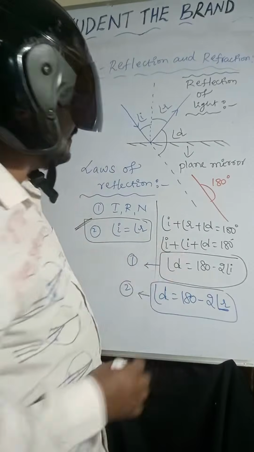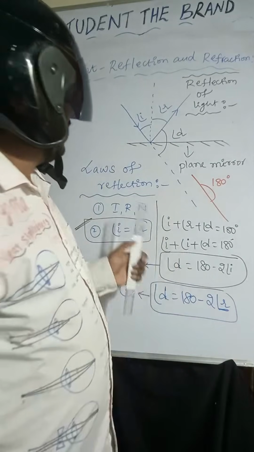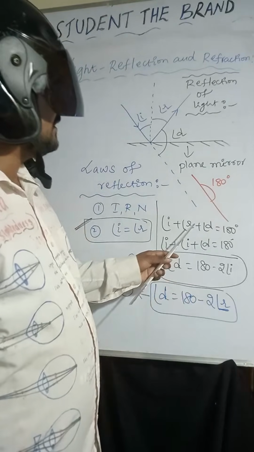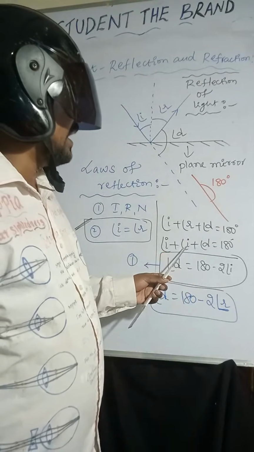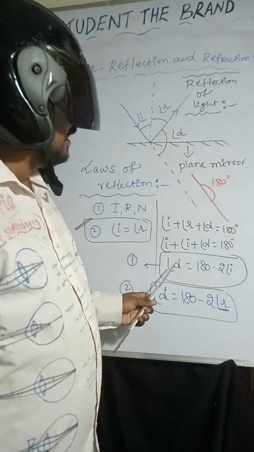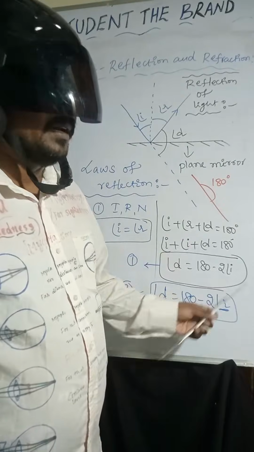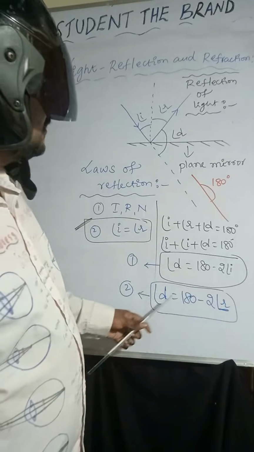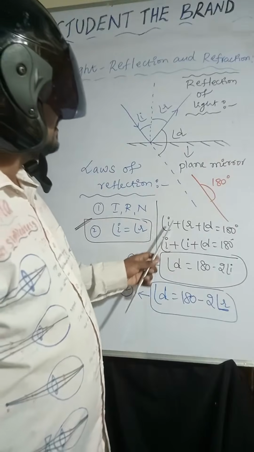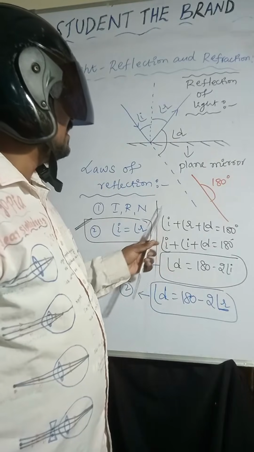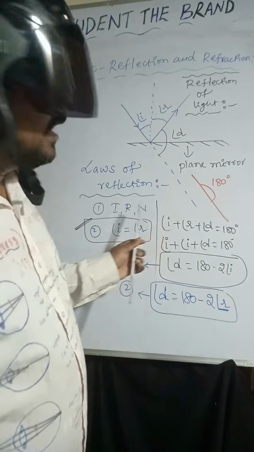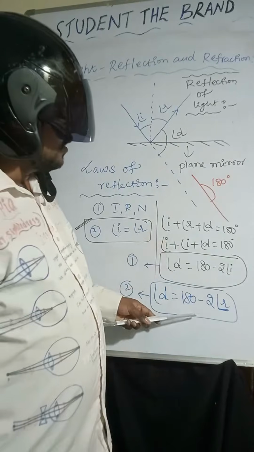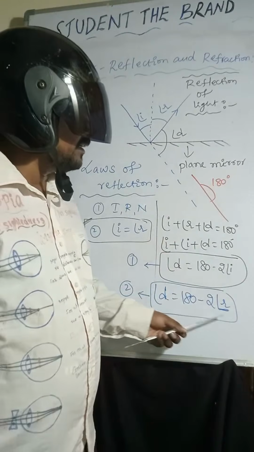How did you get that, sir? From laws of reflection, angle of incidence is equal to angle of reflection. So instead of angle of reflection, I substituted angle of incidence and got angle of deviation equals 180 minus 2 angle of incidence. In the same format, instead of angle of incidence, I wrote angle of reflection. So I got angle of deviation equals 180 minus 2 angle of reflection.